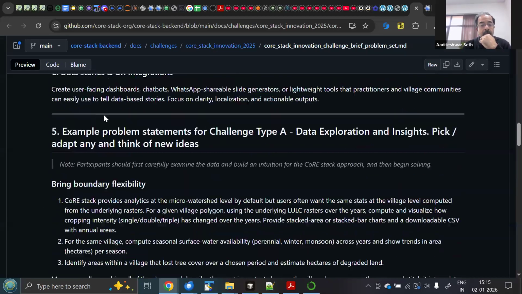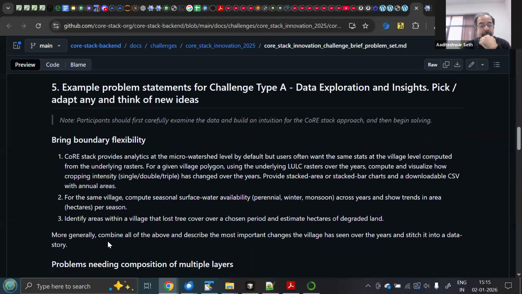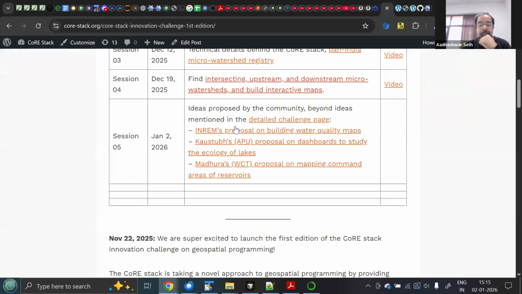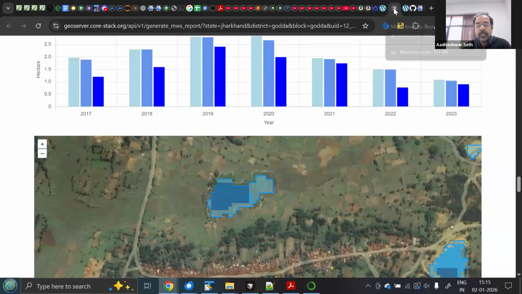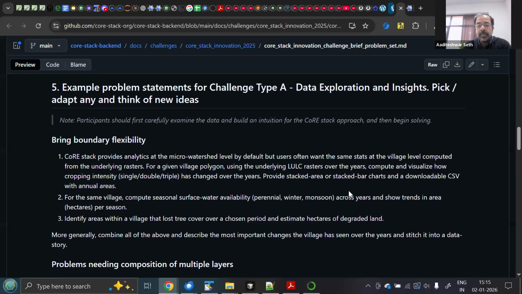And then we wanted to talk you through some ideas that we had proposed for the challenge, as well as some ideas that communities and other partners have proposed. I'll also quickly describe three ideas that have come from other people, other organizations. So any questions at this point?